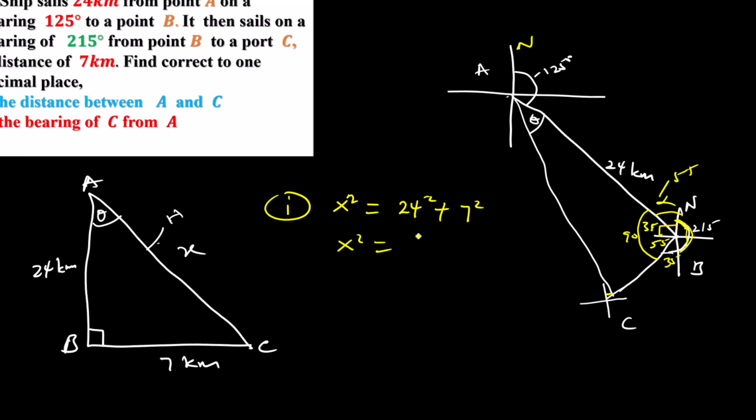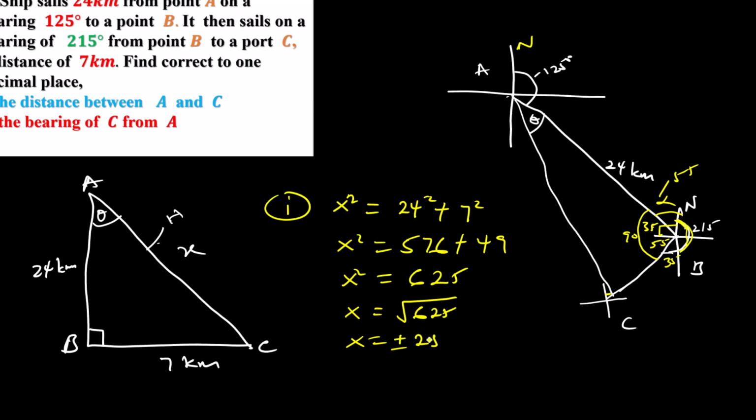So we have 576 plus 49, which is 625. So x is the square root of 625, which is 25. It is supposed to be plus or minus 25, but distance cannot be negative, so the length here is 25 kilometers. That's the longest side.